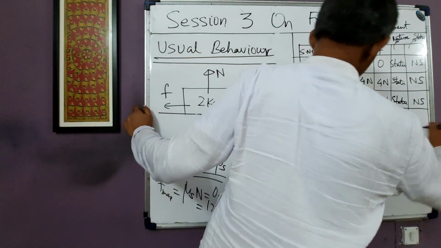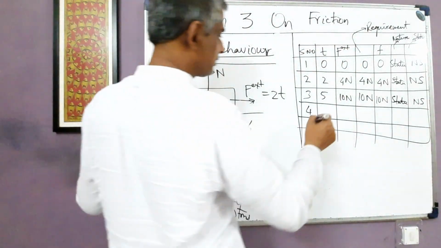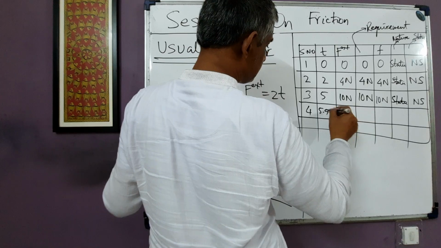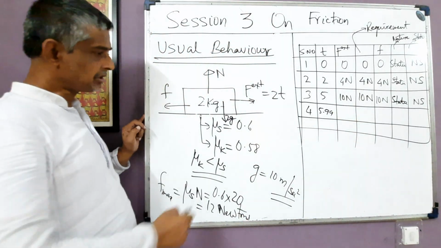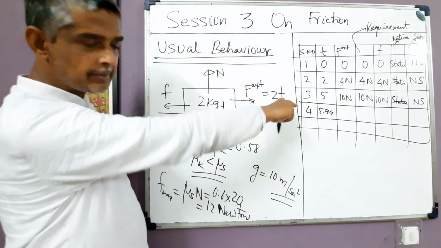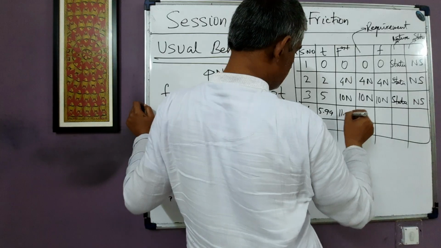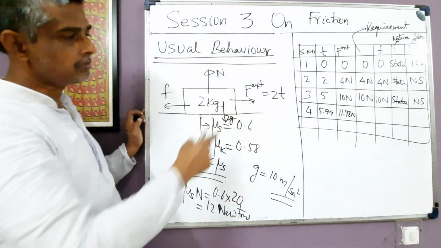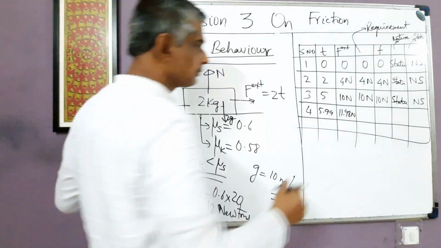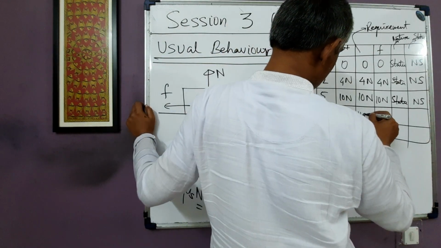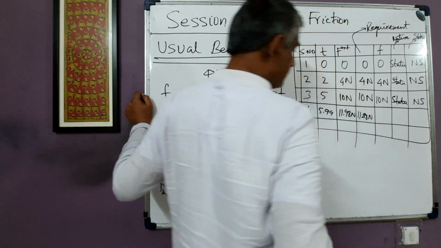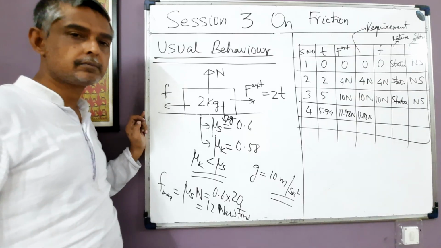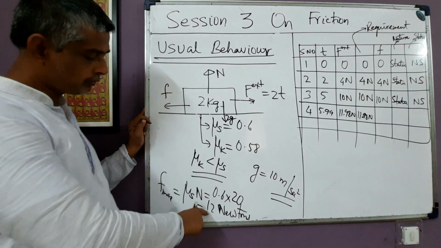Now fourth option. Suppose you take t to be 5.99 seconds. Then what is the amount of external force acting? 2 times this, 11.98 Newton. So requirement also becomes 11.98 Newton. Now what is the supply? 12 Newton.